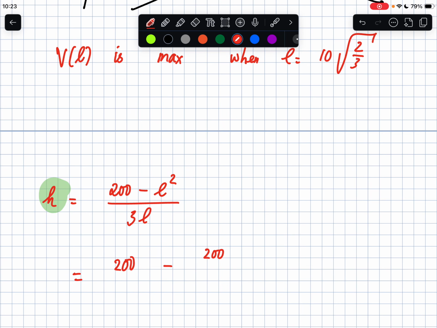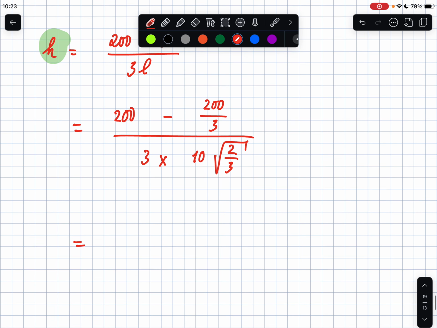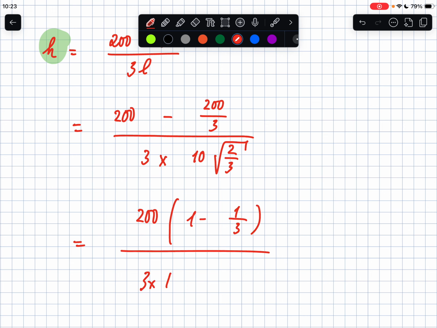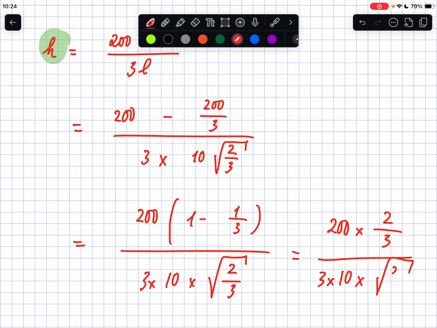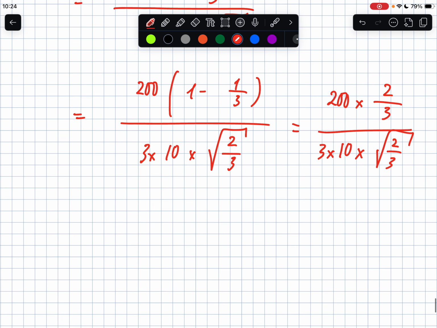The numerator is 200 times (1 minus 1/3), so 200 times 2 over 3, over 3 times 10 square root of 2 over 3.